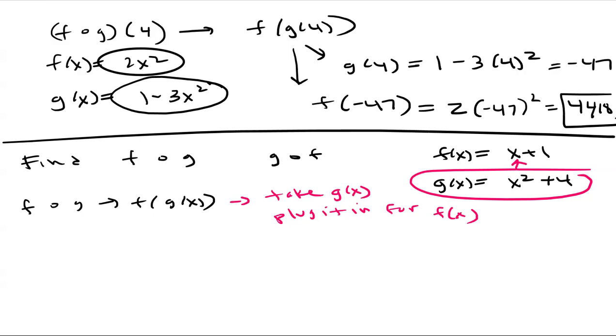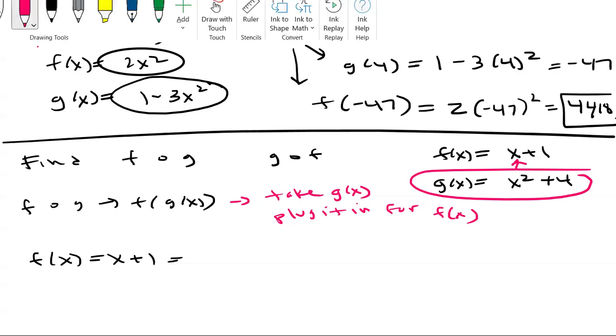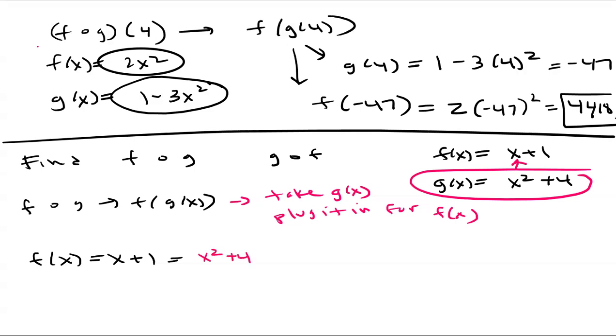Okay. So let me write this down. So I have, again, f of x is equal to x plus 1. And then I'm going to take this x and replace it now with x squared plus 4. I'm going to use a different color here. So I have x squared plus 4.